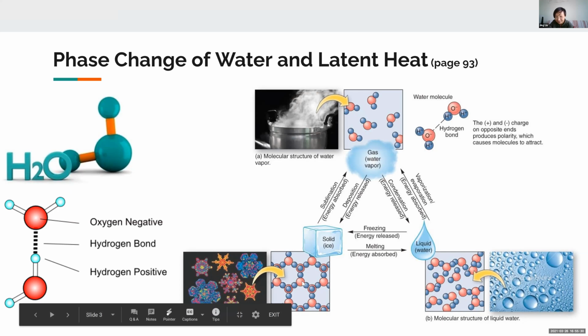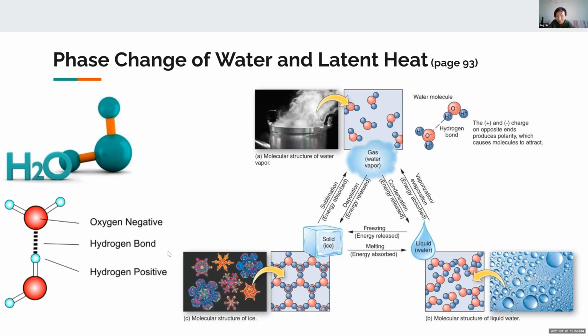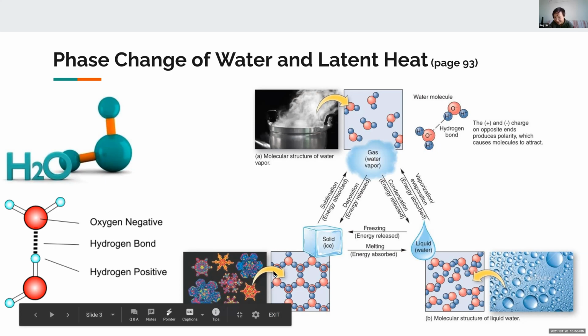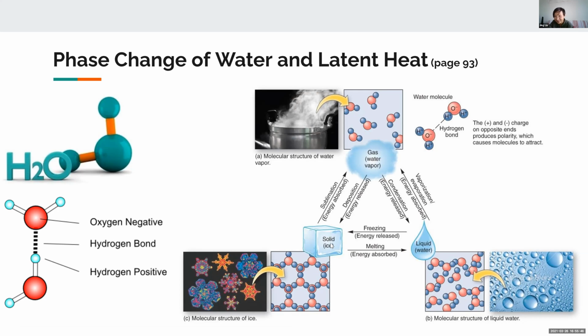If the water molecules are connected by the hydrogen bond so tightly, they form this hexagon structure over here. You will see our water is in solid phase, it's ice.